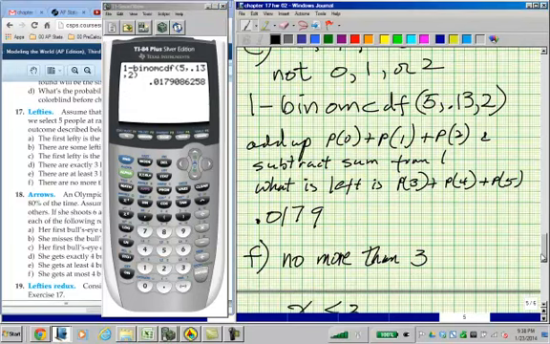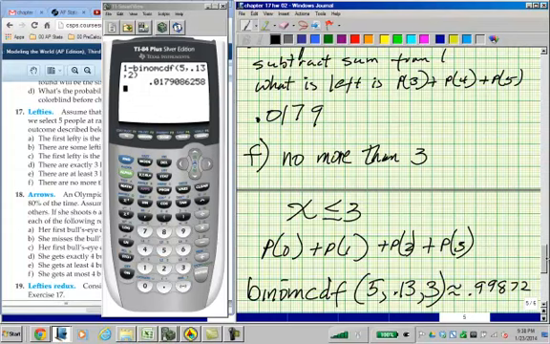Okay, now the final one, no more than 3. That means less than or equal to 3. That means 0, 1, 2, or 3. So this is simply binomcdf 5, comma, 0.13, comma, 3.